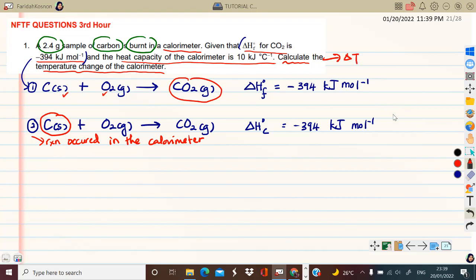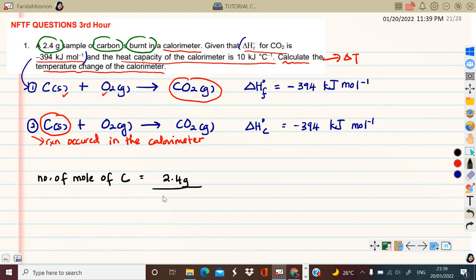So what information do we have? We have the mass of carbon. From the mass of carbon, we can find the number of moles of carbon. Show your working properly. The number of moles of carbon is 2.4 gram divided by its molar mass.